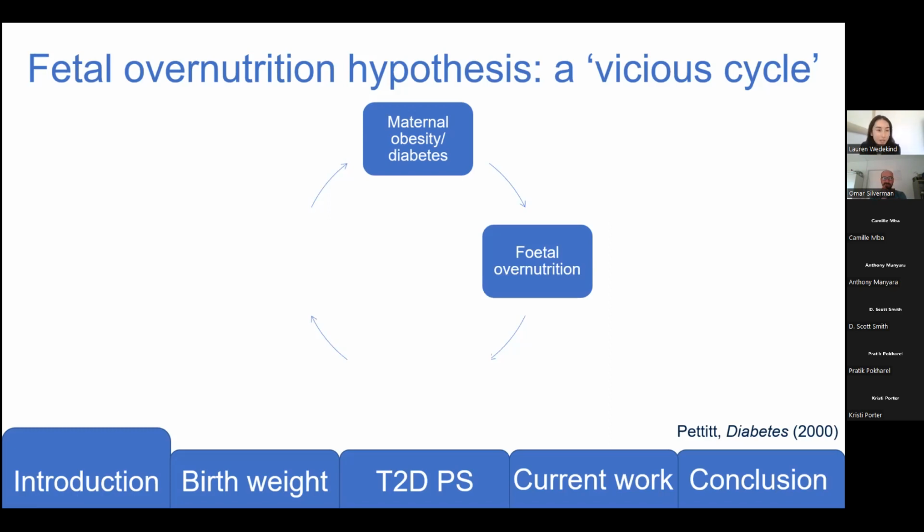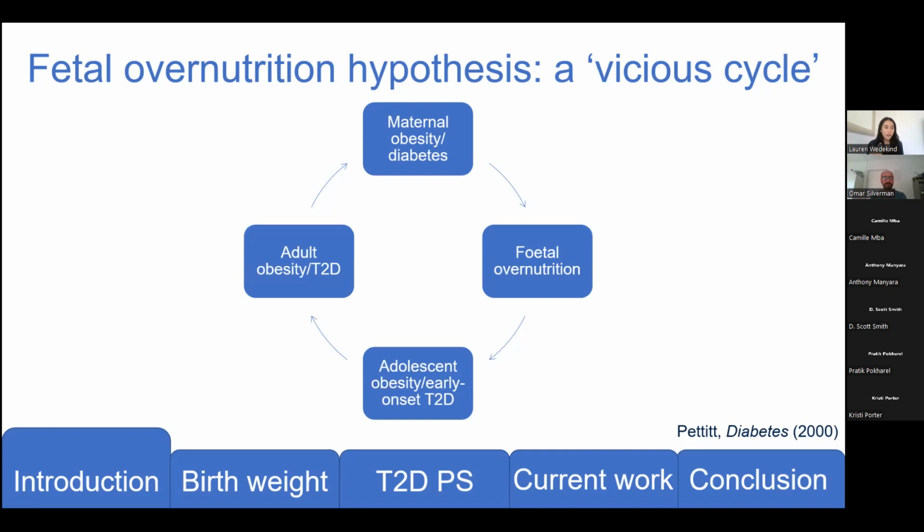So first we see maternal obesity or diabetes conferring fetal overnutrition because the fetus is exposed to an excess of nutrition in the uterus. And then later on, the fetus is more likely to develop into a child or adolescent that has early onset diabetes or obesity that can later cause diabetes at an early age.